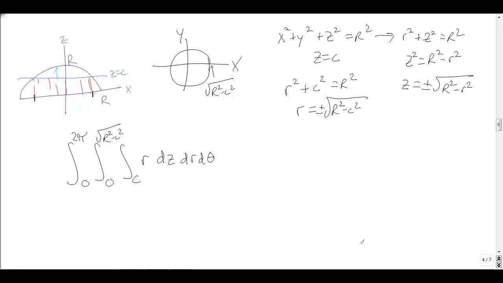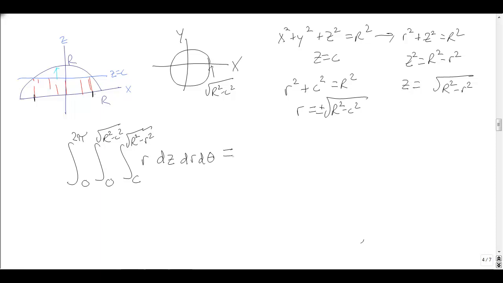Now the negative square root would be the bottom half of the sphere. We're not going to worry about that. We know from our assumptions that z is positive. If we were worried about negative z, then we'd have to think about that too. So we really don't need the plus or minus. This is just z equals the square root of capital R squared minus lowercase r squared. So we get a square root of r squared minus r squared, but different r's.